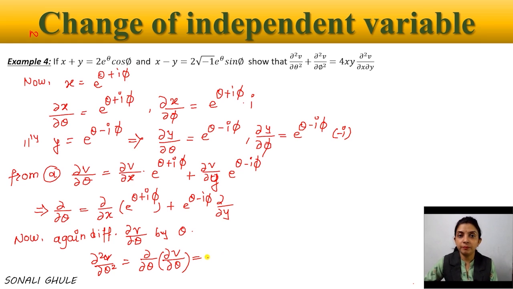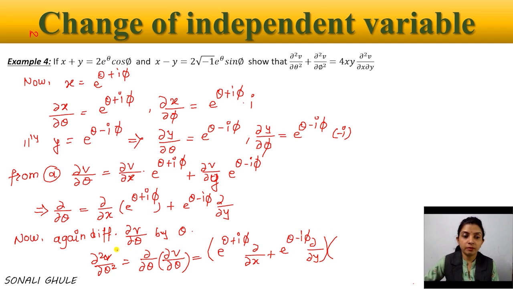That is the meaning of the double derivative. But what is the value for this differential operator? This one that we have found. See here, e to the power theta plus i phi dou by dou x plus e to the power theta minus i phi dou by dou y, into dou v by dou theta.